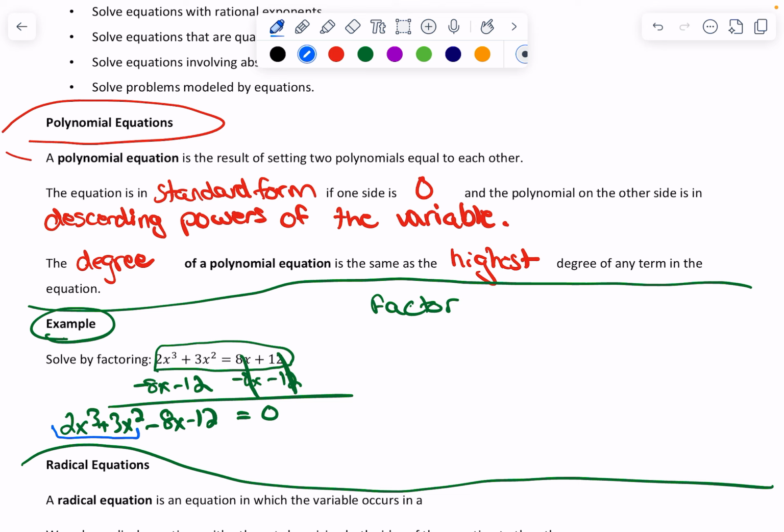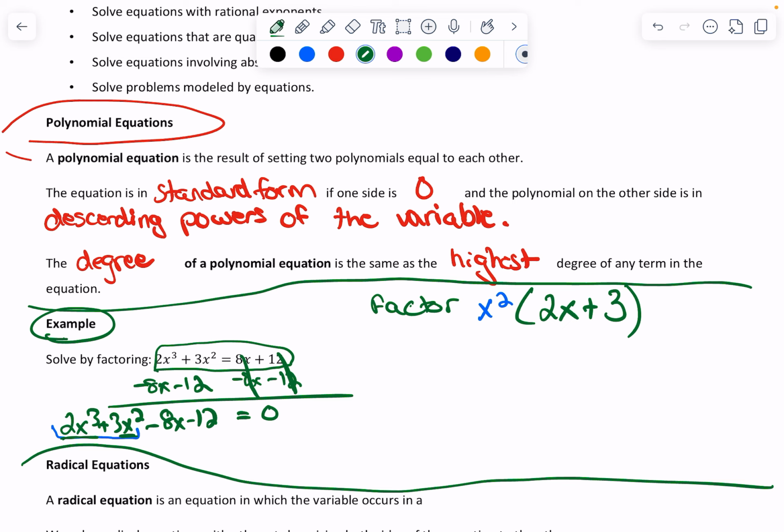Well, 2 and 3 don't have a common factor, so we're just going to look at the x's. We can factor out x squared from each of these. When we factor out x squared from 2x cubed, we end up with 2x, since x times x squared is x cubed. Plus, again, 3x squared, and we factored out x squared, so it's just going to be a 3.